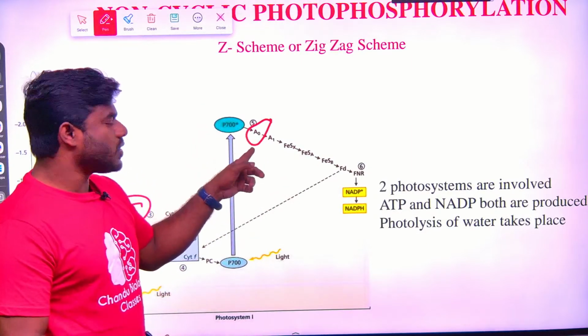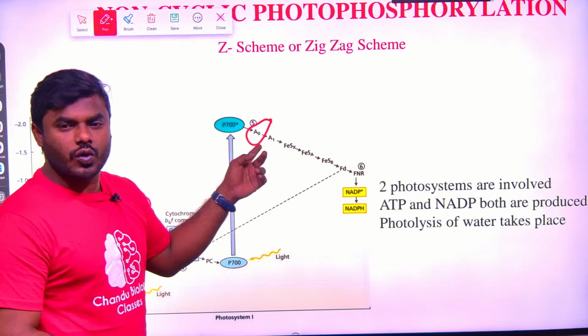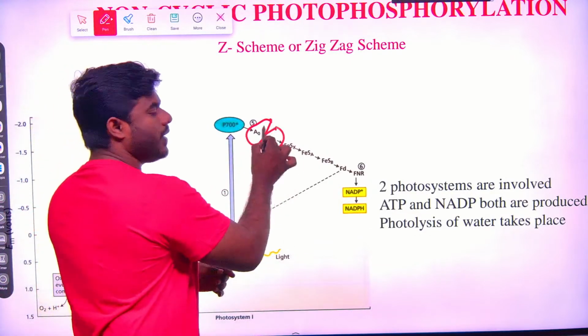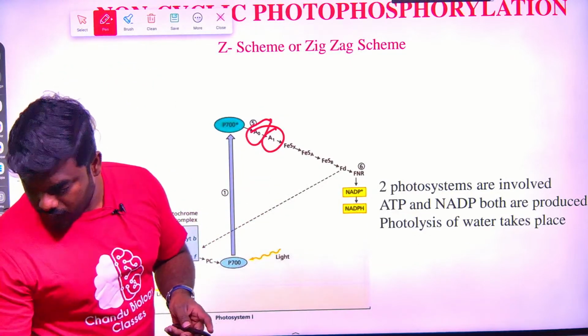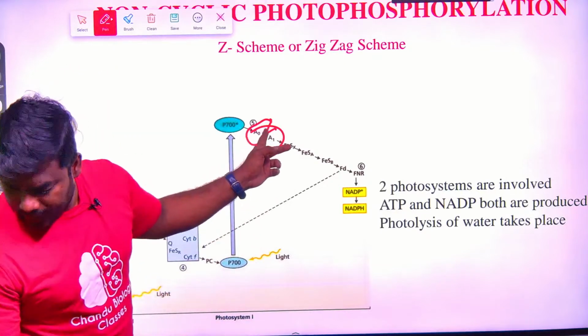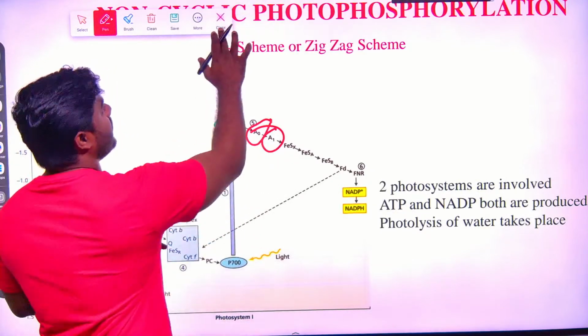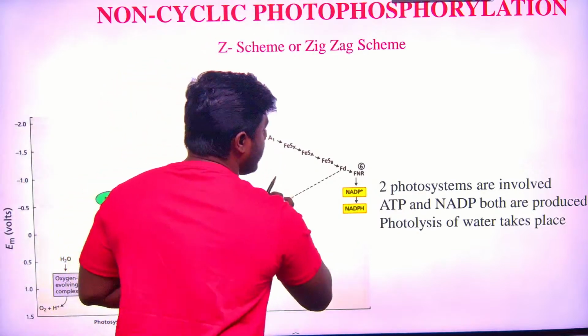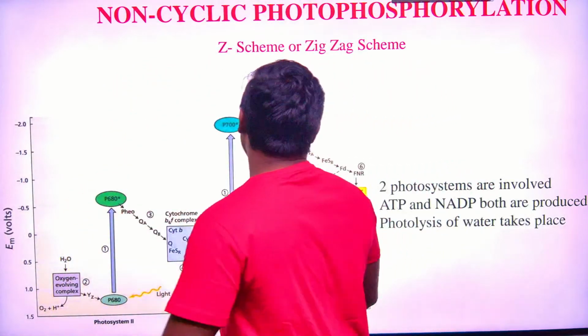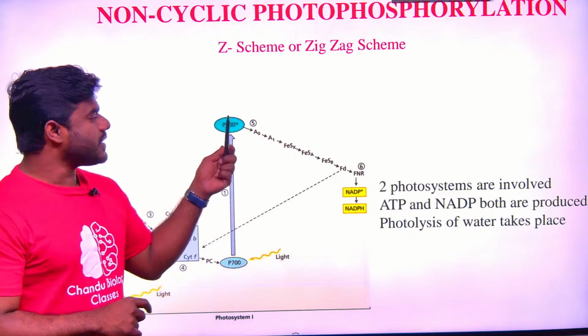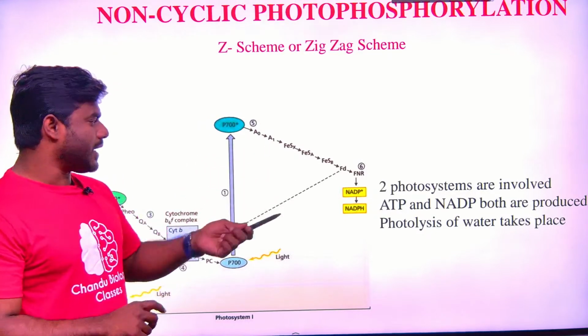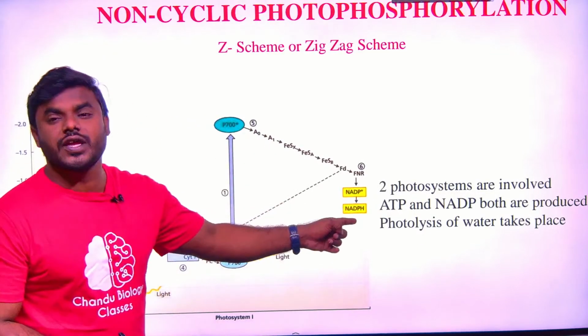A0 is also called modified chlorophyll a, and A1 is said to be what? Phylloquinone. No point in getting confused over here. We understand this very clearly. Now I hope you all remember that in non-cyclic photophosphorylation, in yesterday's class we understood how we produced NADPH.